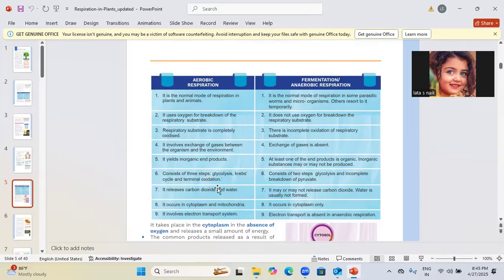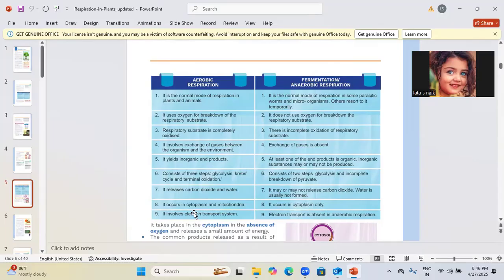Aerobic consists of 3 steps: glycolysis, Krebs cycle, and terminal oxidation, whereas fermentation or anaerobic consists of 2 steps: glycolysis and incomplete breakdown of pyruvate. The final products released in aerobic respiration are carbon dioxide and water. In anaerobic, it may or may not release carbon dioxide. Water is usually not formed.